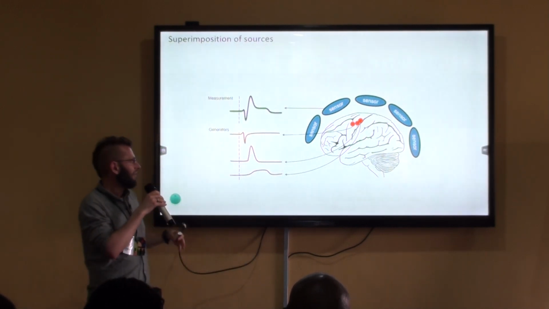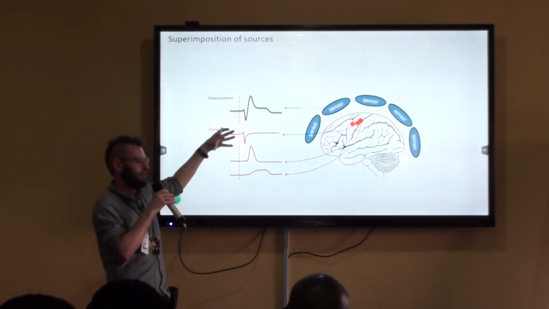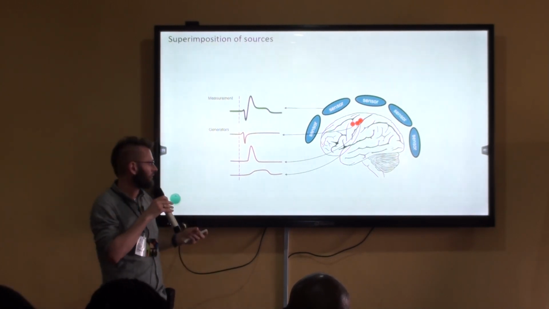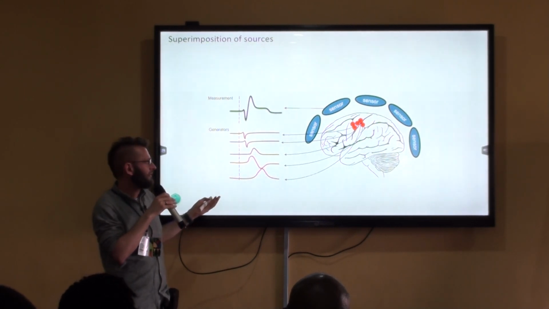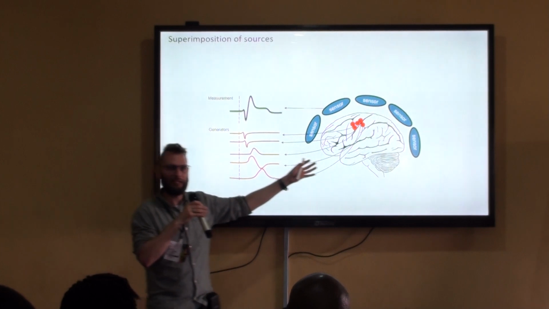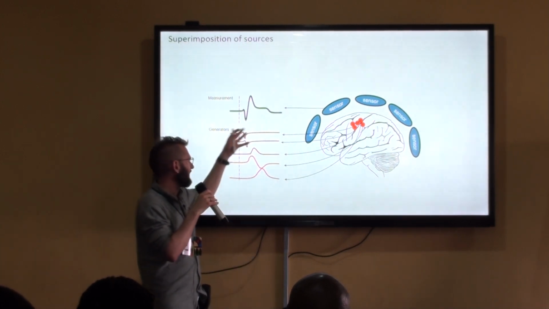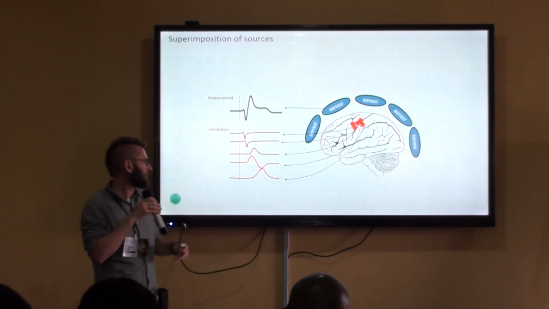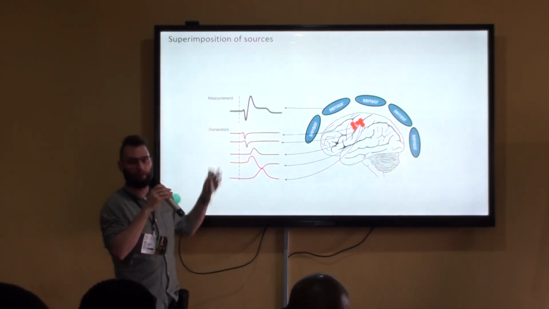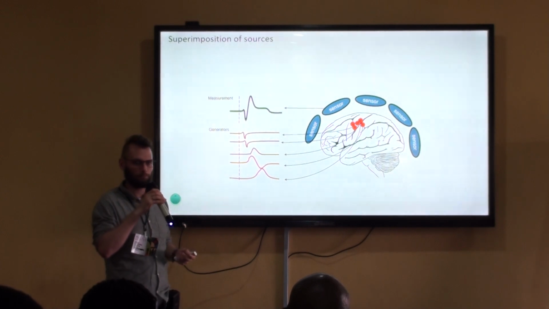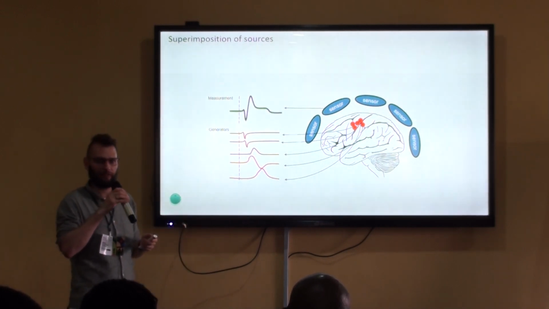So the scalp waveform is a summation of the underlying sources or components. But since we don't really know the truth about what's going on here, it's also possible that there could be different sources that sum up and give us the same scalp potential. And I'll return a bit to how we can deal with this in experimental design in the afternoon.